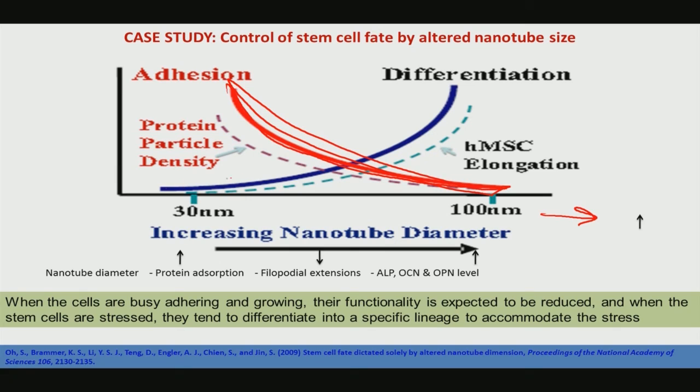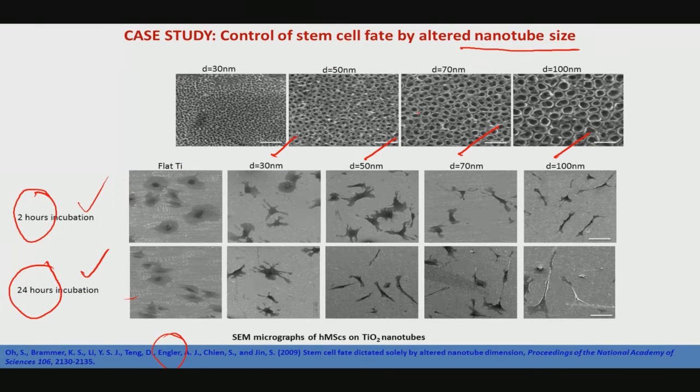Your differentiation increases when your adhesion decreases. What it means is that, let us take an example of 100 nanometer, since the larger the size, the less the adhesion, and less adhesion means fewer cells are able to attach to the substrate.